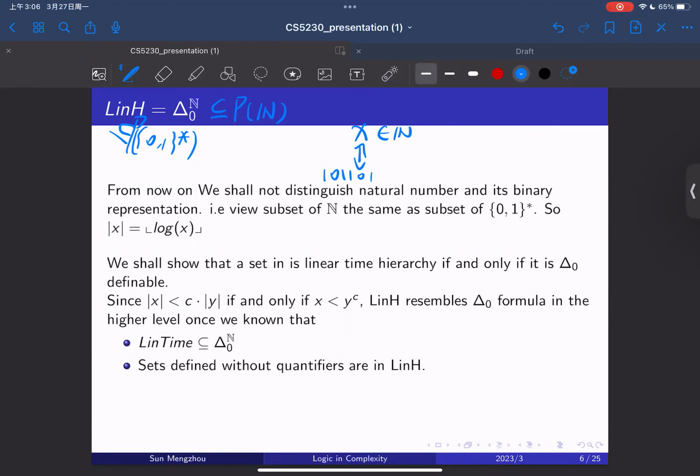By this correspondence, we may view a subset of natural numbers the same as a subset of {0,1}*. And here the length of x, when we view x as a binary string, would be roughly log x. And here log means log base 2.